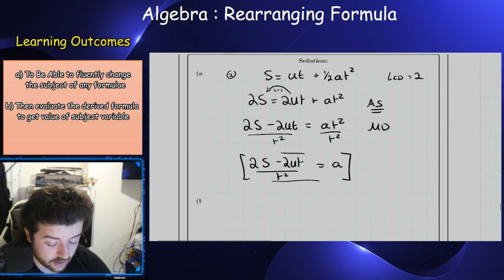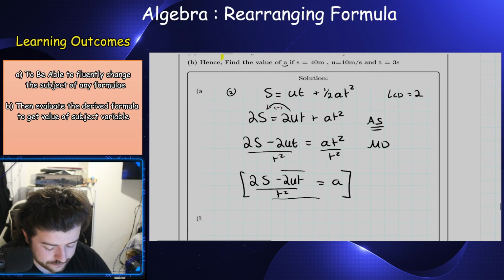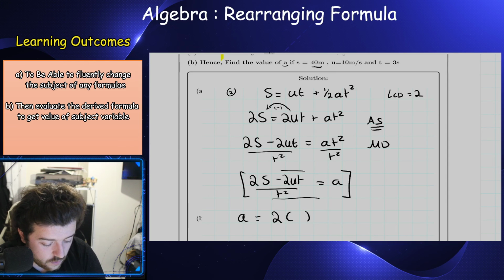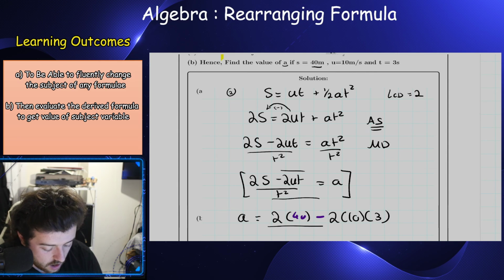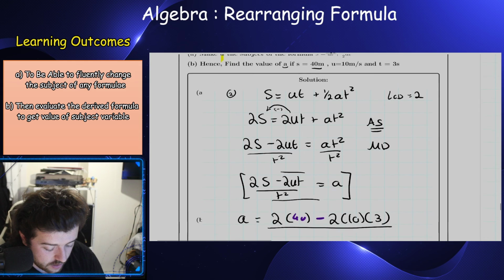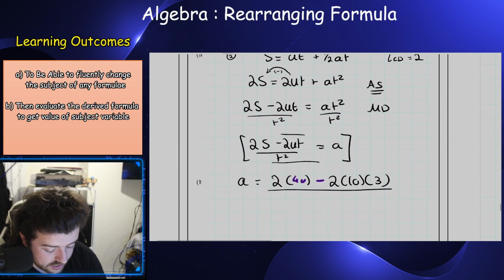I'm rambling, right? So I have a equals 2 times s, which is 40, so 2 times 40, minus 2u, so it'd be 10, t, which is 3, all over t squared, which is 3 squared.